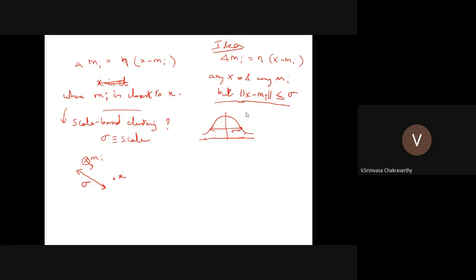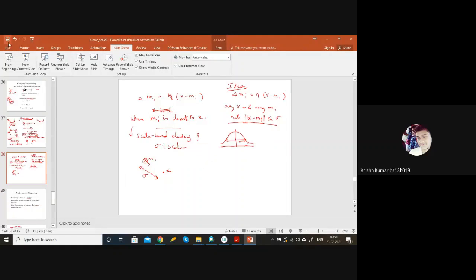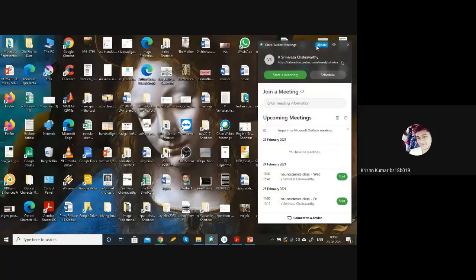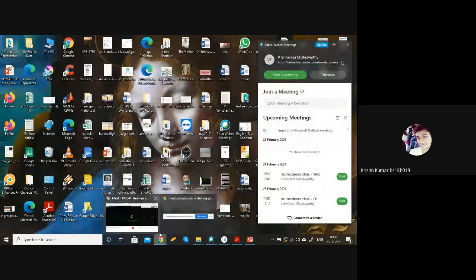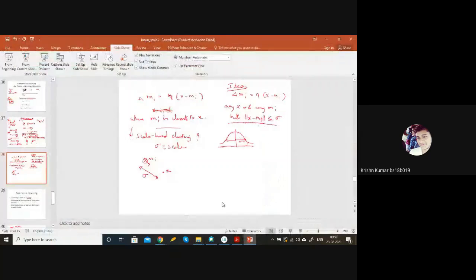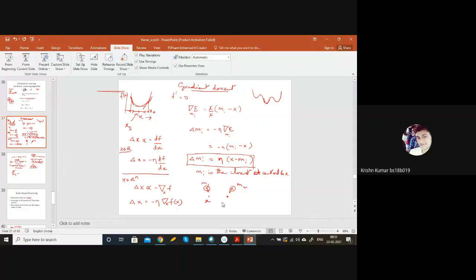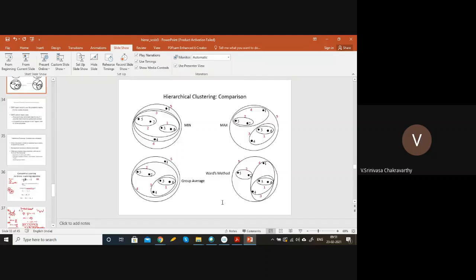Okay, any other questions? Yeah, sir, I have a question on hierarchical clustering. Go to the slide where we use minimum distance to measure the cluster distance. Yeah, this one.